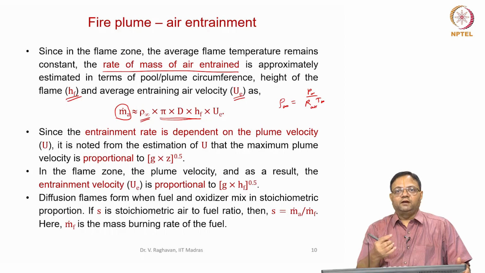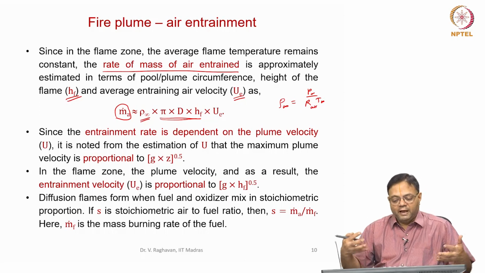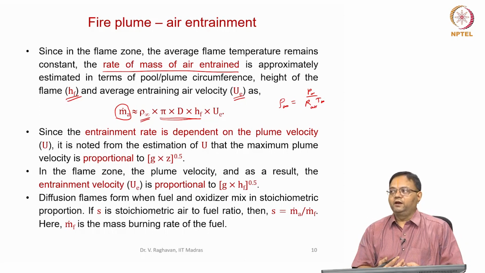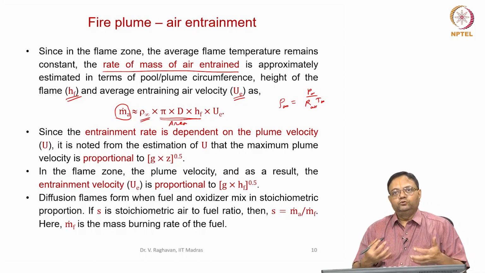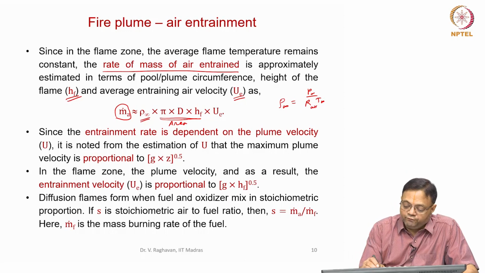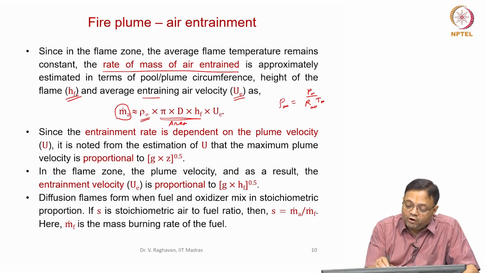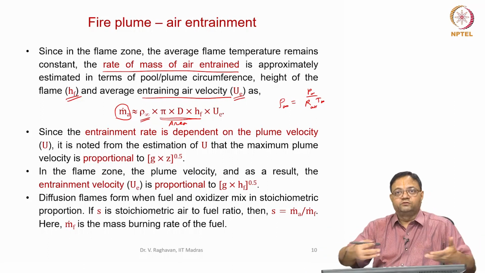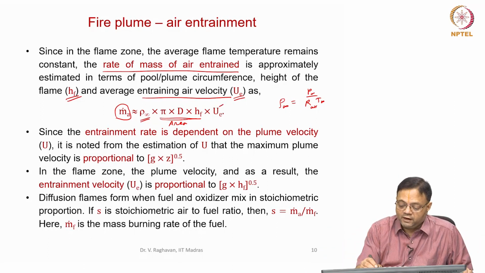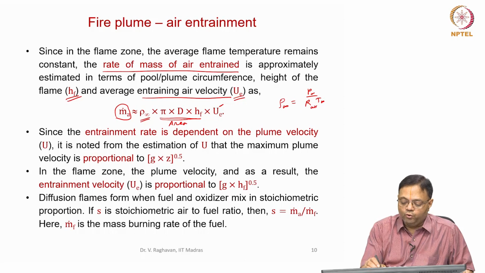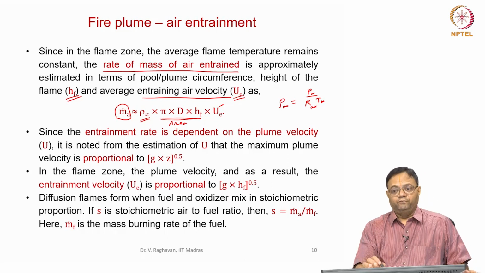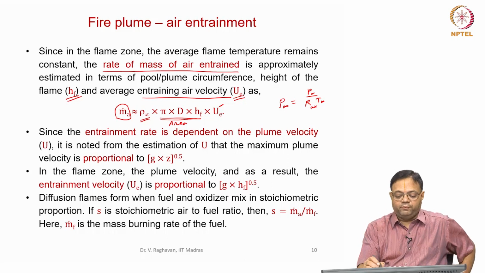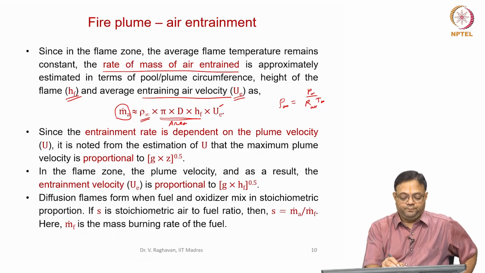Pi d is the circumference and HF is the height. So, that is the surface area through which the air is entraining, and if U is the velocity of the air which is entraining into this fire, then rho A U is the mass flow rate of the air in simple terms. Okay, but obviously we need to estimate UE to determine m dot A.